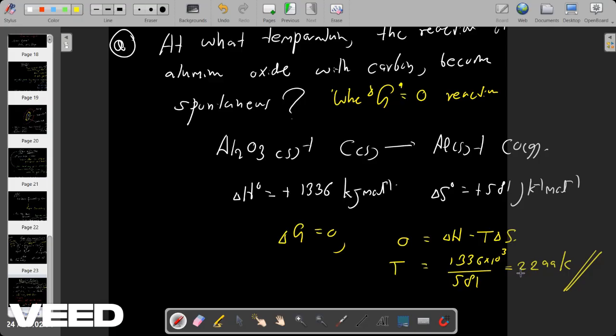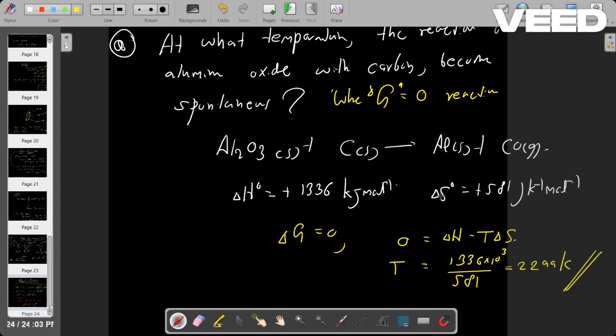At low temperatures, what will happen? This will not be spontaneous. So this is the minimum temperature you need. If you look at the chart, when delta H is positive and delta S is positive, only at very high temperatures are reactions becoming spontaneous. So you are finding the minimum temperature. At least this temperature is needed. In that way also they can ask you a question.